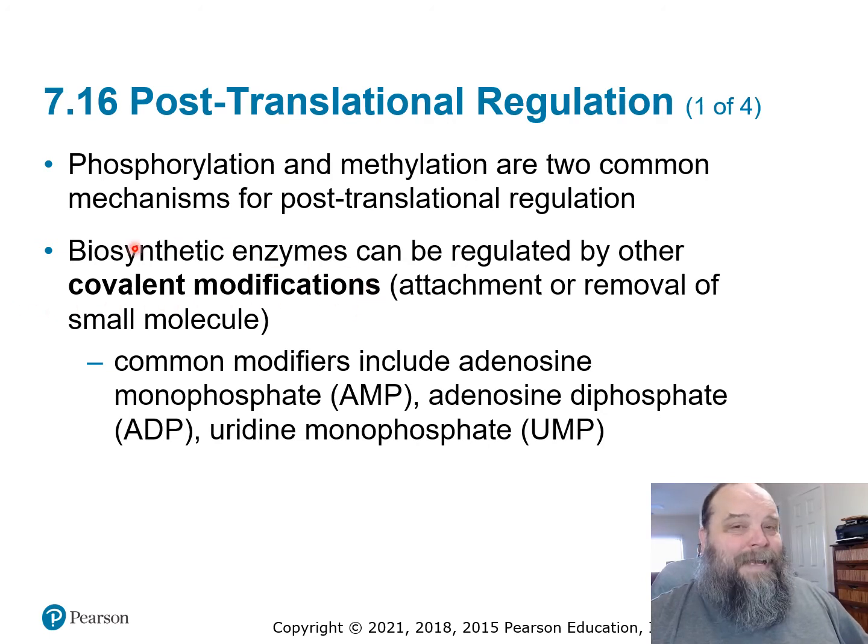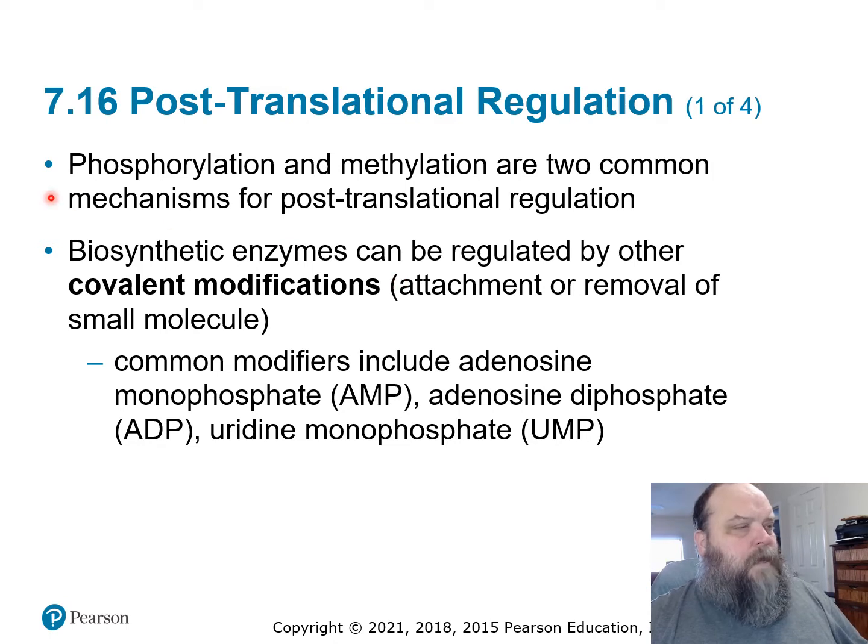You are going to bind something to it, a phosphate group, a methyl group, or something like that, because by adding an inorganic phosphate group or a methyl group, you are changing secondary, tertiary, and quaternary structure, changing shape, giving it function. Removal of the phosphate group or the methyl group reverts it back to its original shape, loss of function.